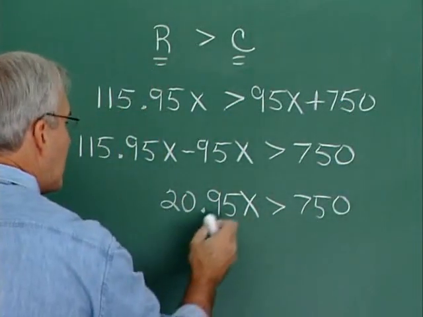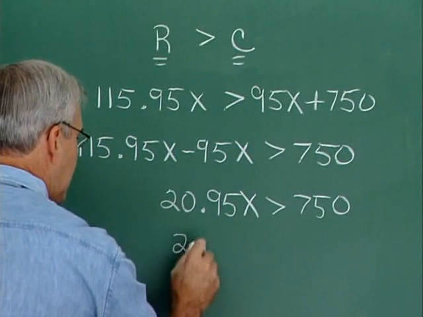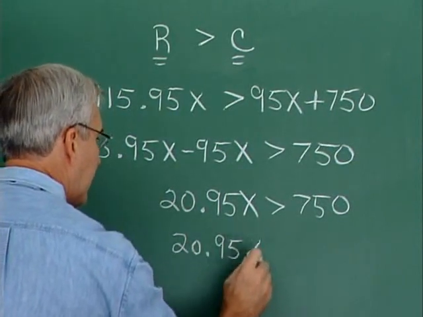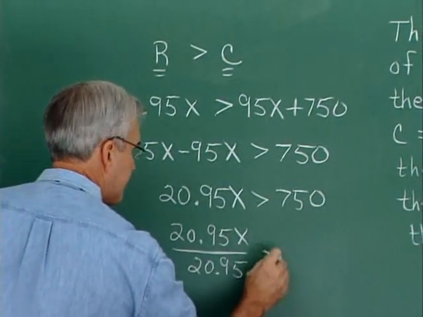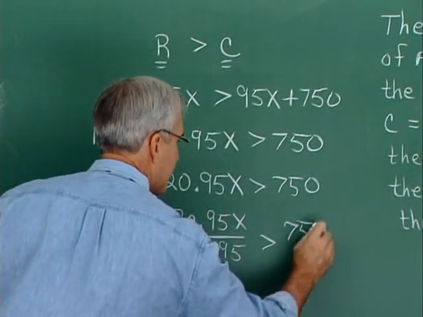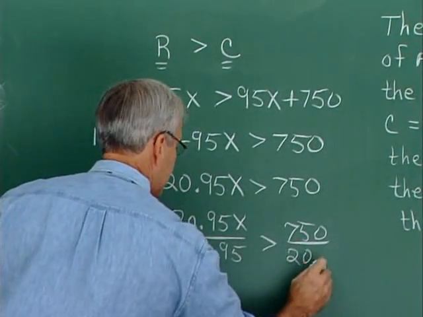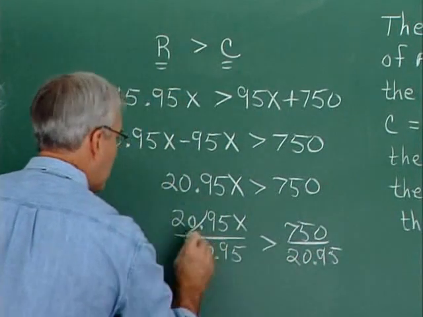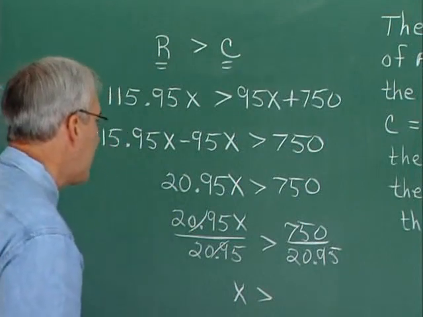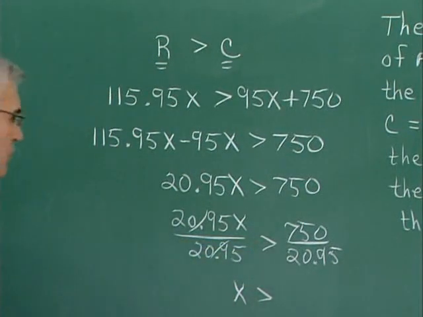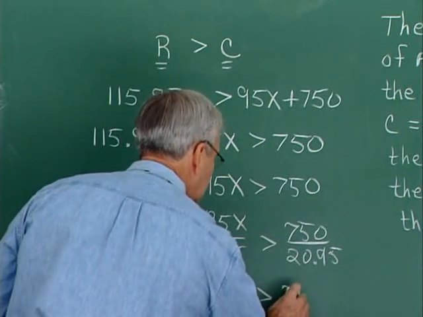Dividing on both sides by 20.95, x is greater than 750 divided by 20.95, which is about 35.8.